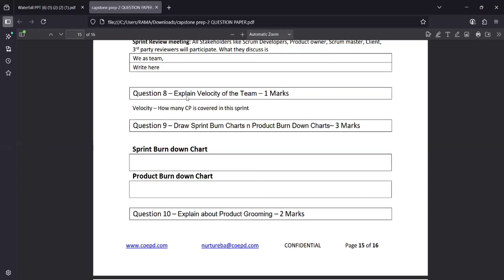So let us know what the sprint burn down chart, burn up chart and product burn down chart are. What do you mean by sprint burn down chart? The sprint burn down chart shows how much work is remaining in the sprint, day by day. It is a daily graph maintained by the Scrum Master.